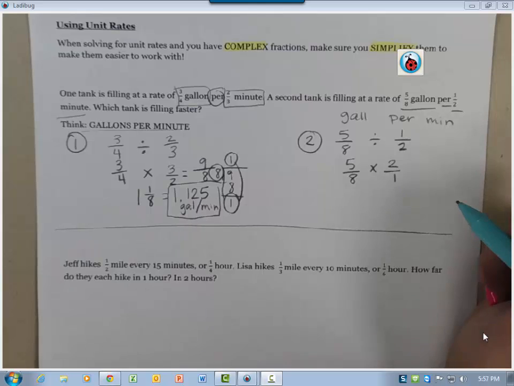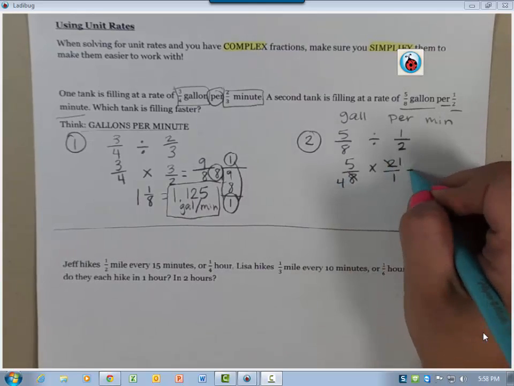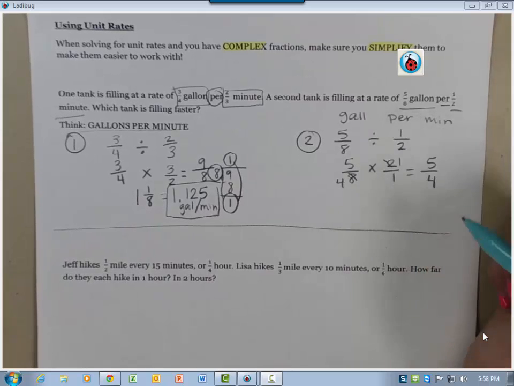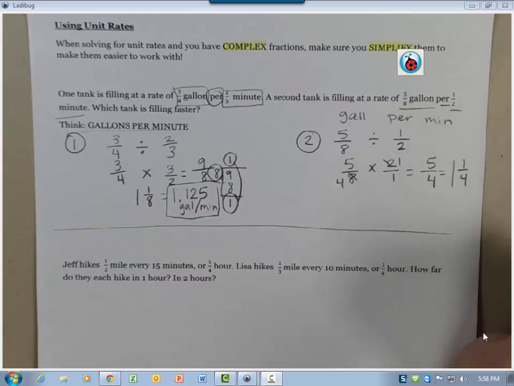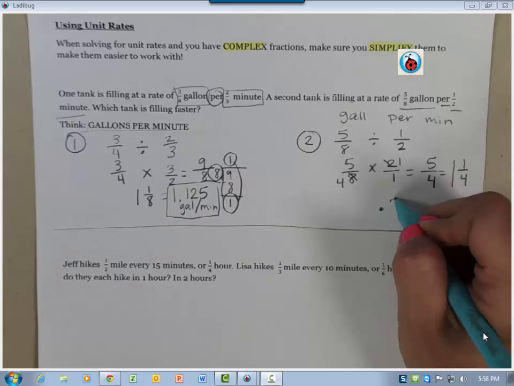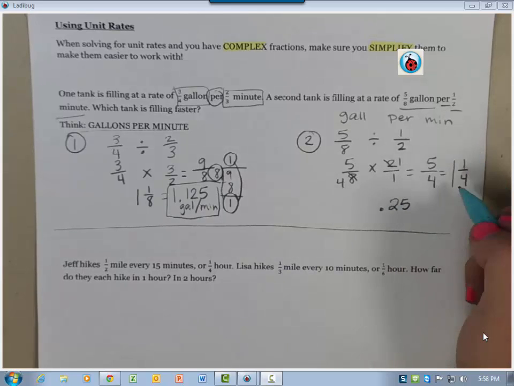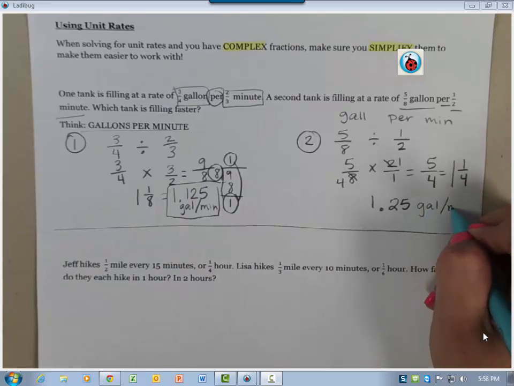Can you cross simplify? Yes. 5/4. That will simplify to 1 and 1/4. Again, if you remember your fractions to decimal quiz, you know that 1/4 simplifies to 25 hundredths. But you can't forget about your whole number. So I have 1 and 25 hundredths gallons per minute.